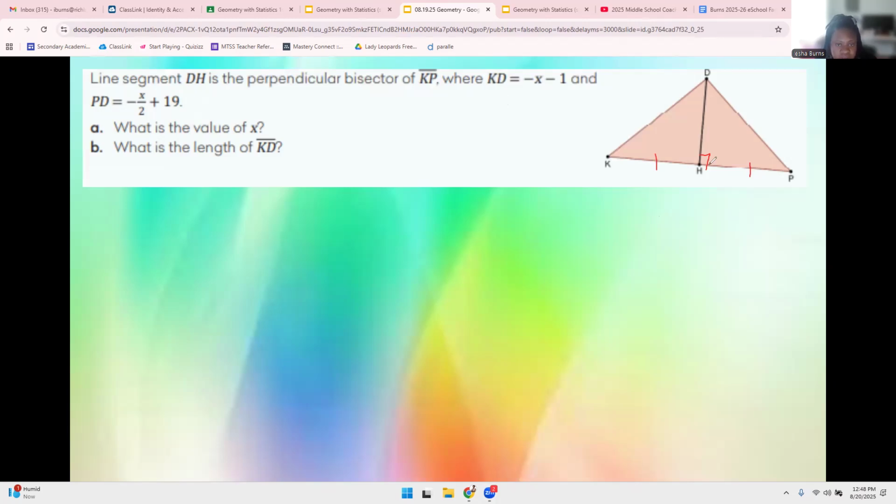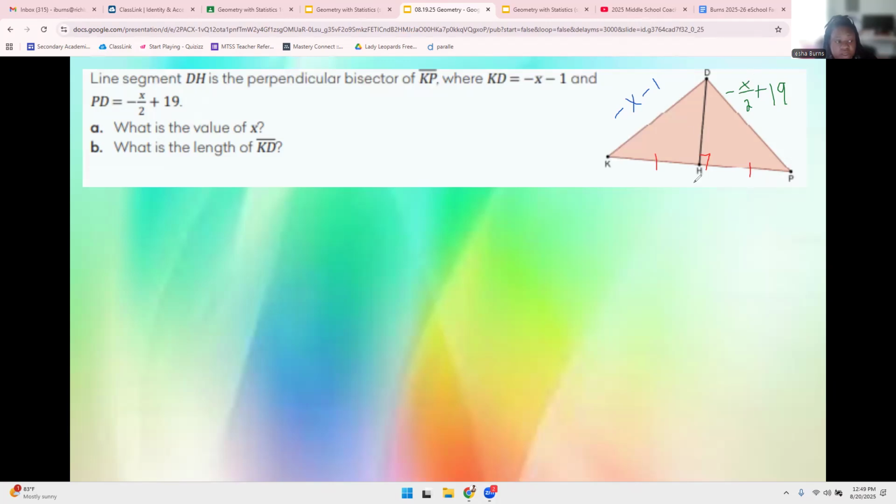It tells us that KD is equal to negative x minus 1 and PD is equal to negative x over 2 plus 19. Okay, sorry, I know the handwriting is not great.